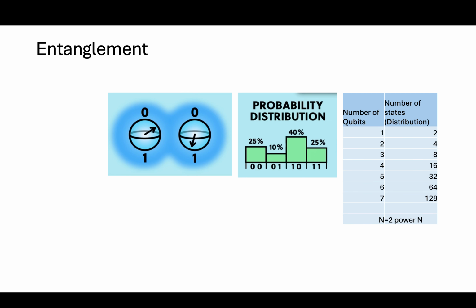So the distribution for n qubits is 2 to the power of n; for 7 qubits that is 128 distributions. Similarly, for 2 qubits it is 4 distributions, then for 5 qubits, 32.